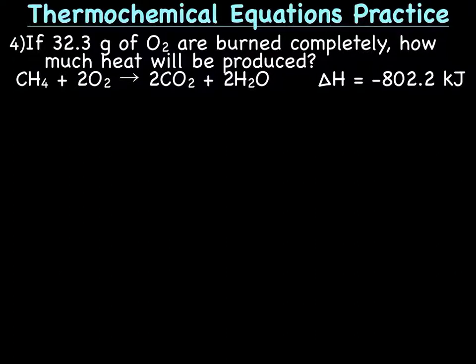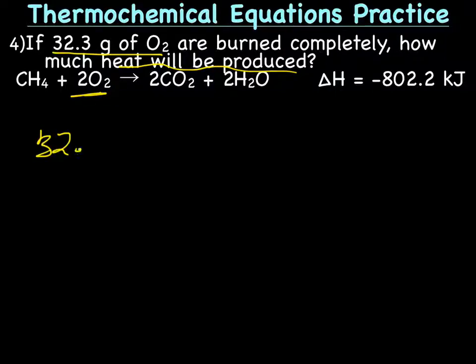Okay, so let's try a quick thermochemical equations practice problem, and this is basically like doing stoichiometry, same thing. If we have 32 grams of O2, how much heat will be produced? The first thing you're going to have to do, because we want to get to moles, is go from grams of O2 to moles of O2.